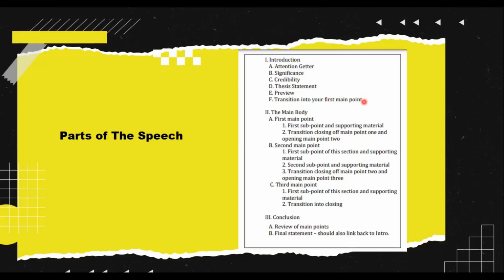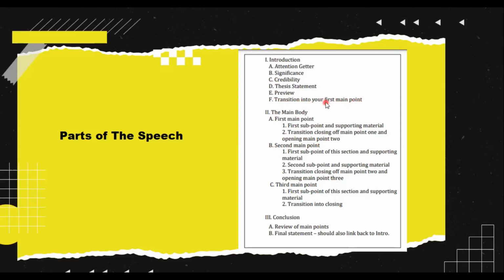Next, after the introduction, we have your body. What are the contents, or what you should put in the body in writing a speech? First main point, first subpoint and supporting material, transition, closing of main point 1, and opening main point 2. So here as you can see, meron dito transition into your first main point.